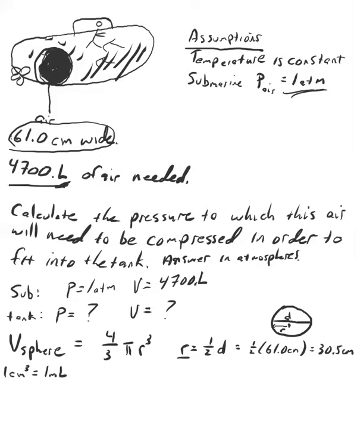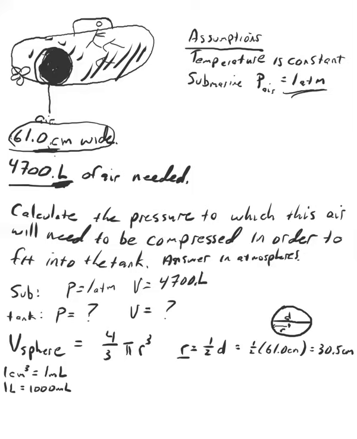A cc is a centimeter cubed, which is a milliliter. And then we know that 1 liter is 1,000 milliliters. We don't know what the other volume is, but we can calculate it. So my recommendation would be to calculate the volume in centimeters cubed, which is milliliters, and then convert it to liters. Okay, so let's try that.